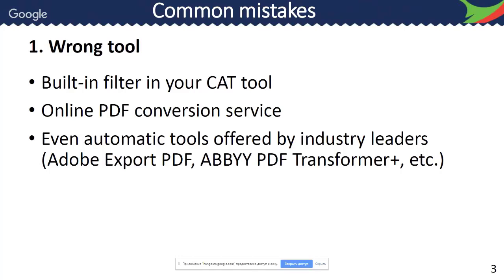Some of you may have received Word documents which were converted from PDFs using online PDF conversion tools by some agencies, and you know firsthand what a nightmare such documents may be. Even software programs offered by industry leaders such as Adobe Export PDF or ABBYY PDF Transformer have this problem because they perform automatic conversion. Issues include lots of tags, difficulties in formatting of such documents, and others.